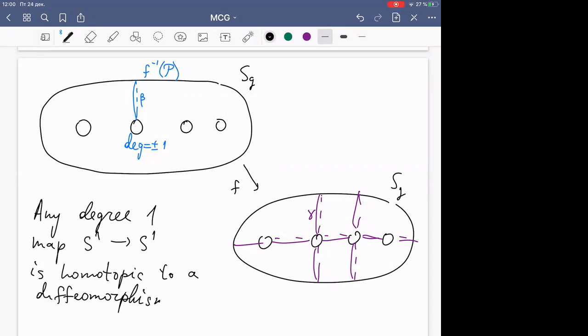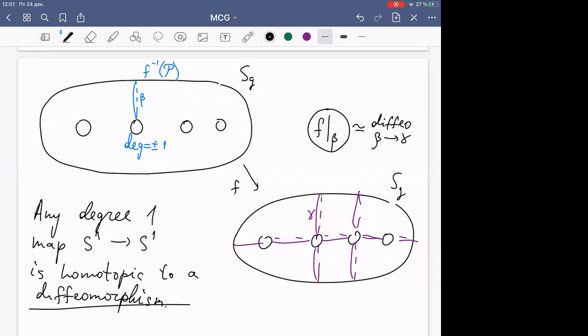This is a very obvious claim. It is not hard to see, so we can take F restricted to this curve beta, and it is homotopic to a diffeomorphism of beta onto gamma.